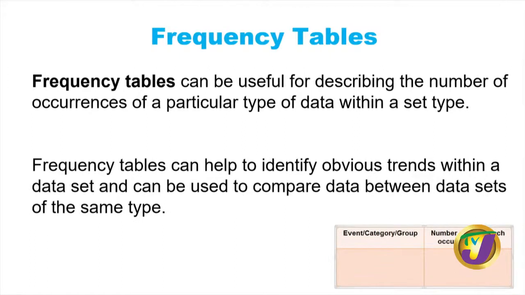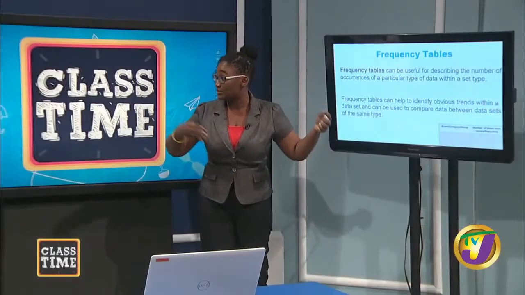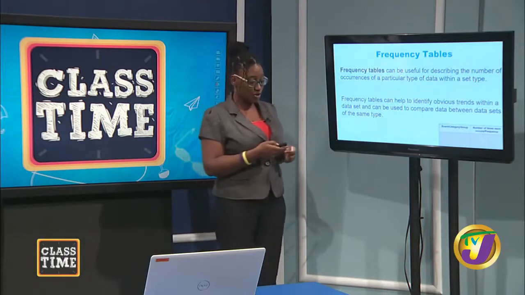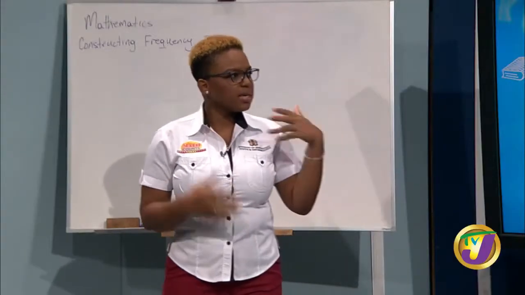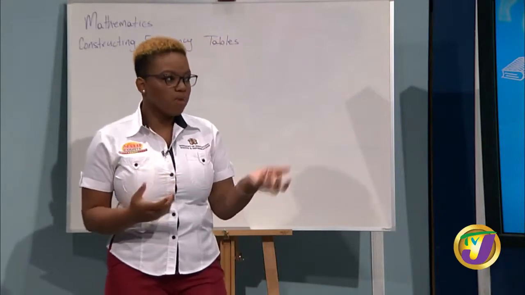Also, the frequency table can help us to identify any trends that there may be and to compare data between data sets that are of the same type. So he can make comparison. Which rating got the most? Which rating did more students select versus which one did the least number of students select? And we're not saying that you can't get all of that information from the raw data.